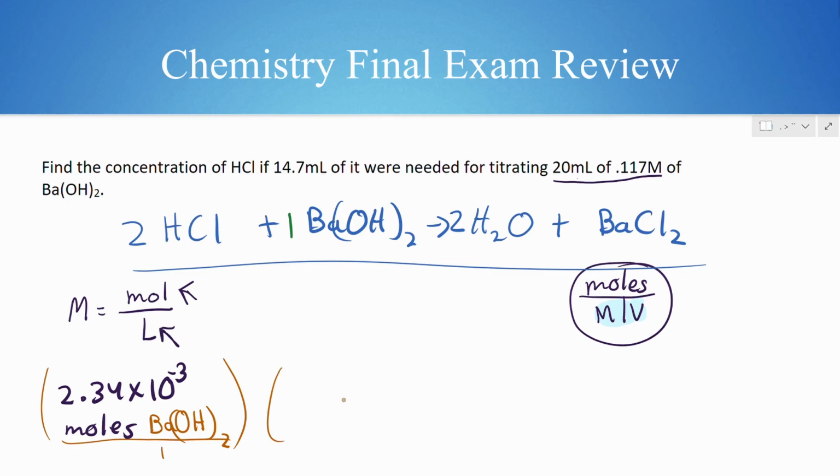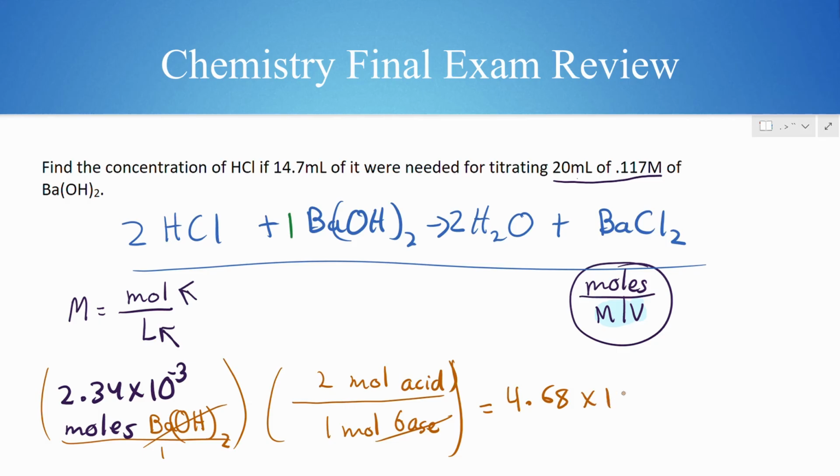So 1 mole of base to every 2 moles of acid. Okay, and then moles of base will cancel out, Ba(OH)2. And if we multiply this by 2, we get 4.68 times 10 to the negative 3 moles of acid, so HCl.